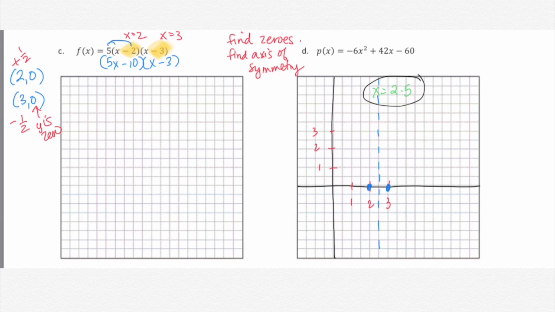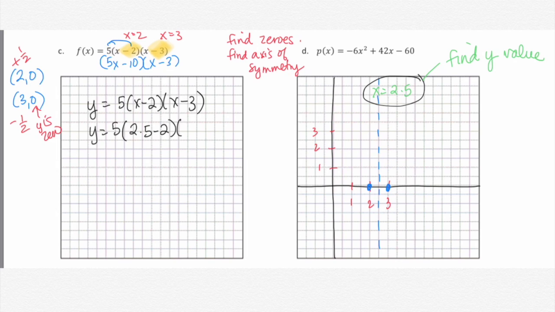All right, now that we have our x, we can find our vertex by replacing this for the x value and finding the y value. So I'm going to go back to my original equation. There you see me write it. And every time I see an x, I'm going to substitute that with a 2.5. That is the x value. And now we're basically just solving for y.